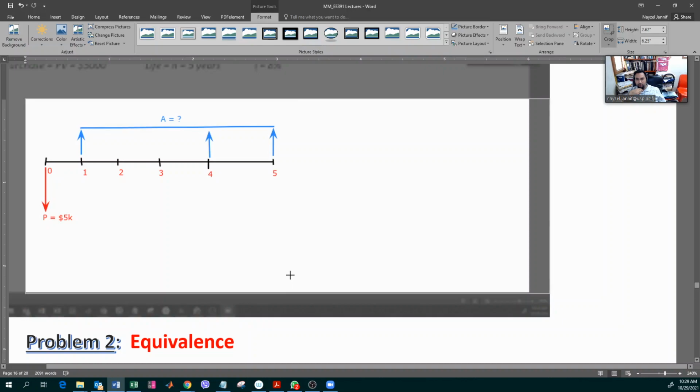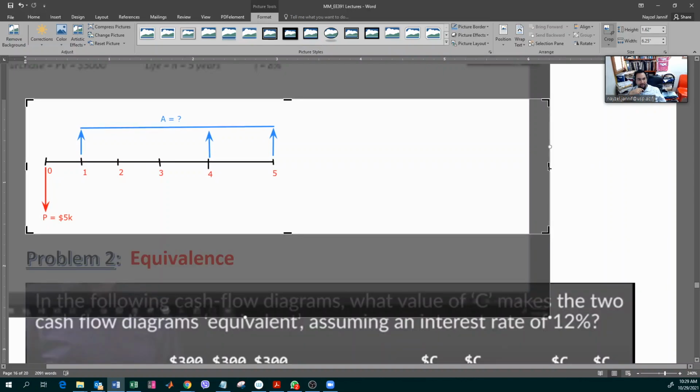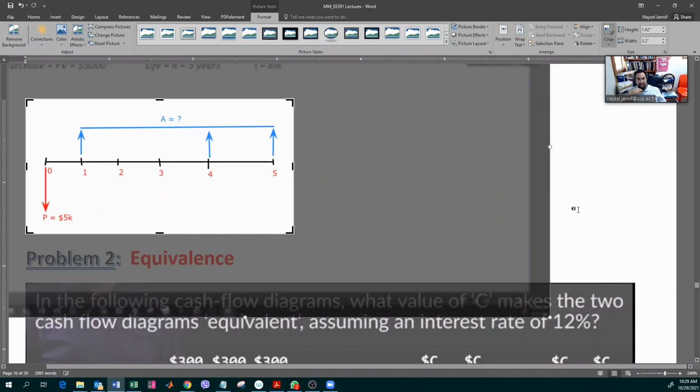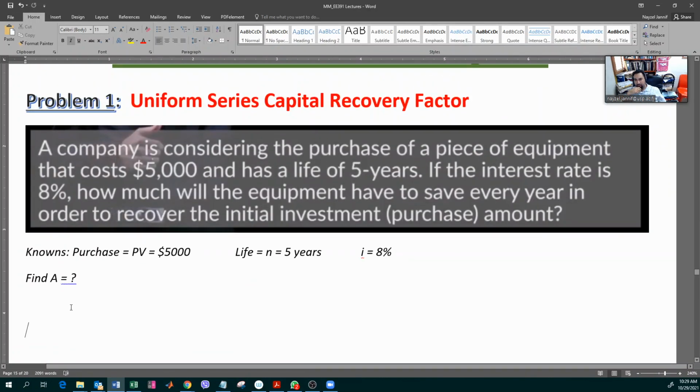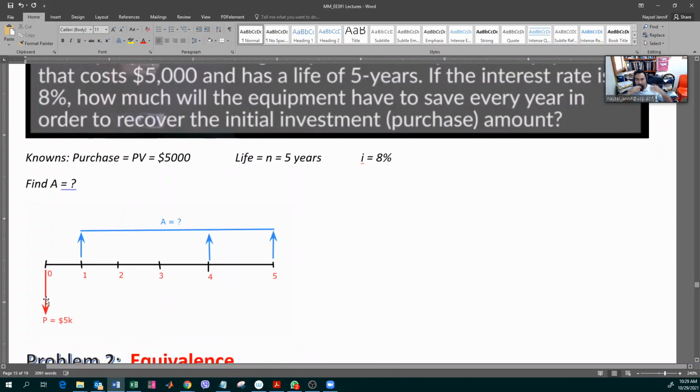Somebody can draw the cash flow diagram in the opposite direction and still get the same answer. We are looking at the direction of the arrows and so forth.